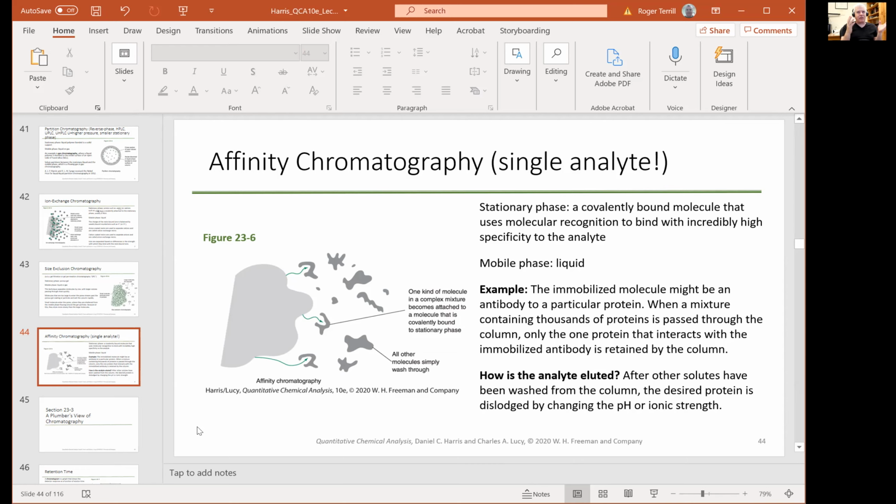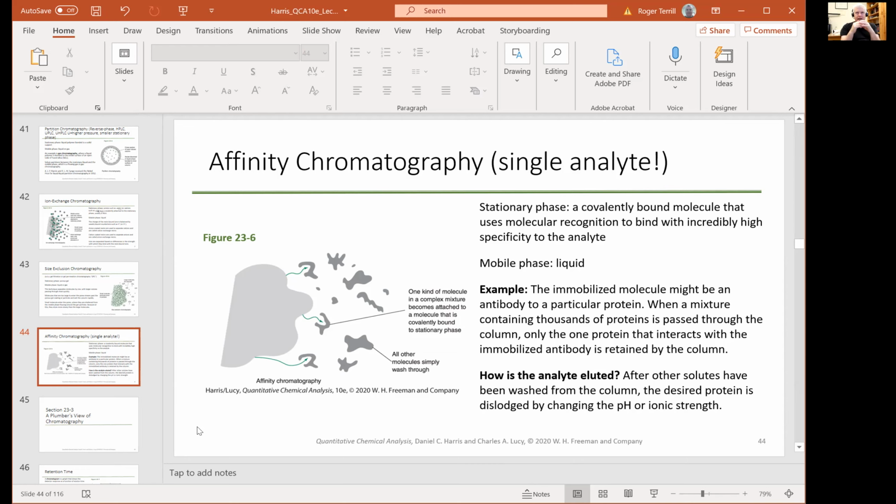This is sort of organic chemistry. They tie it down to the surface, and then you expose that modified stationary phase to a solution that contains the antigen. So you've got antibodies that are all covalently bound to the stationary phase, and you expose that to the antigen.